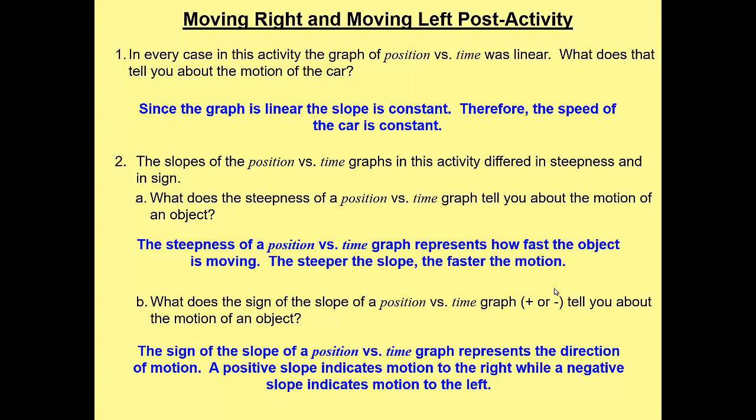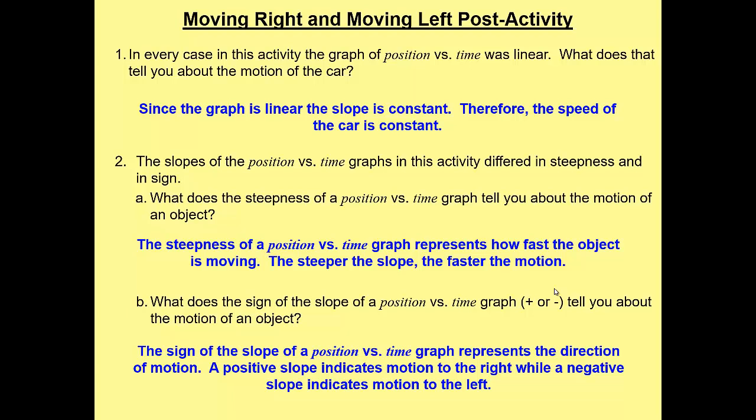And we can use words like right and left. We can use math symbols like positive and negative. And by the way, if our one dimension is, say, up and down, it's what you assume. Up is positive, down is negative. Conventional coordinate system. Out of the board is positive, into the board is negative if you're doing 3 dimensions. So each one of those can be indicated with words or with symbols.